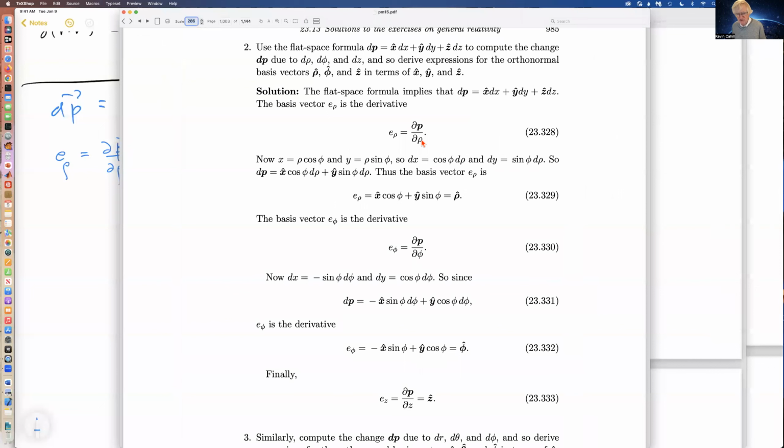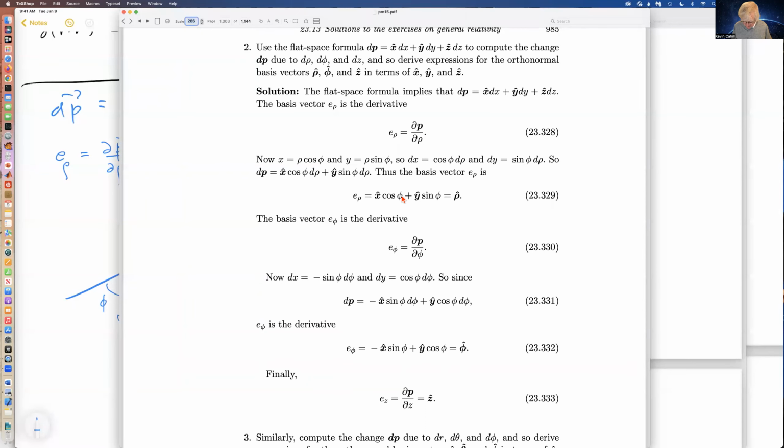So when rho changes, you go in the X direction and you go in the Y direction. In other words, you're going at distance rho, and if the point is here, then when you change rho by going a little bit this way, you go as cosine of this angle phi. So this angle here is phi, and then you go sine of phi in this direction.